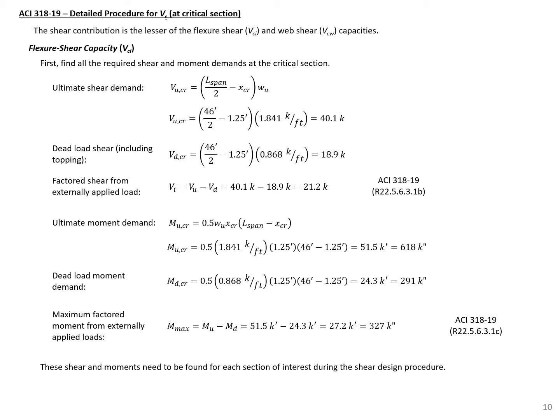So we also need to calculate our dead load shear, our factored shear from externally applied loads, our dead load moment, and our maximum factored moment from externally applied loads. You can see those values here, and I calculated them for us, and we'll use these values in our flexure shear capacity, V sub CI, and web shear capacity, V sub CW, equations.